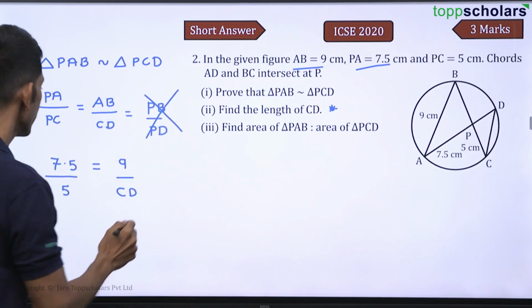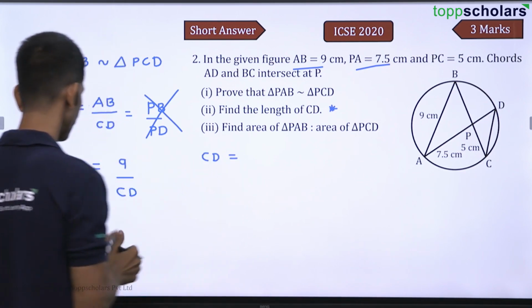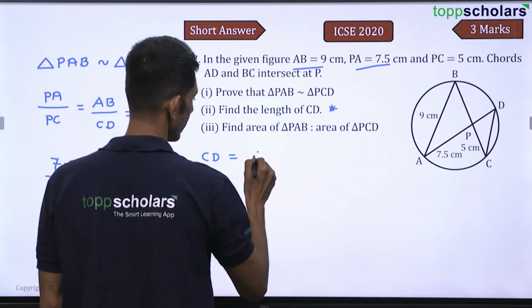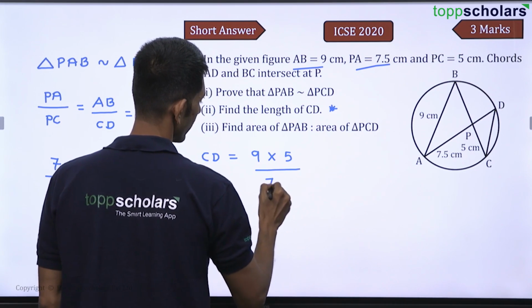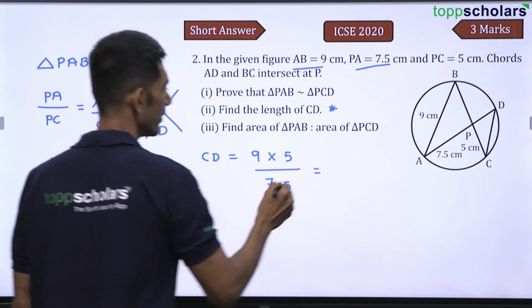So what will be CD? Can I say CD will be equal to 9 into 5 divided by 7.5? You can multiply by 10 in the numerator and denominator.